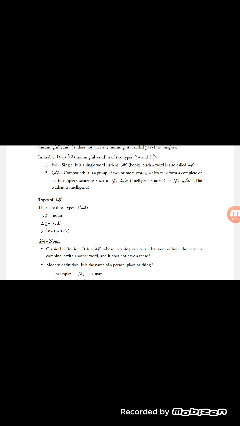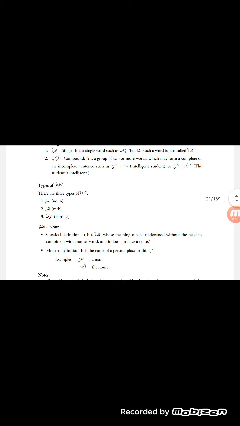Mufrad is a single word such as kitabun, book. Such a word is also called kalimah. A word which has a meaning, if you utter it, is known to be lafzun.